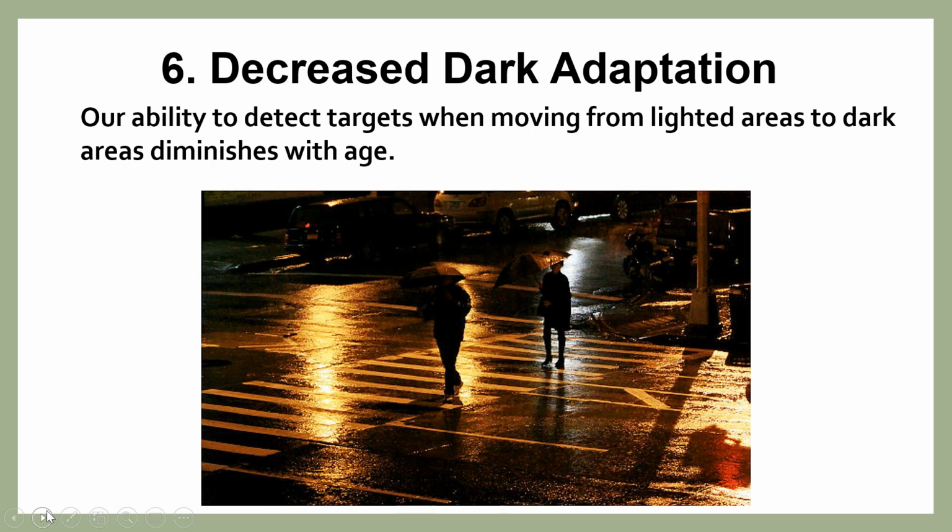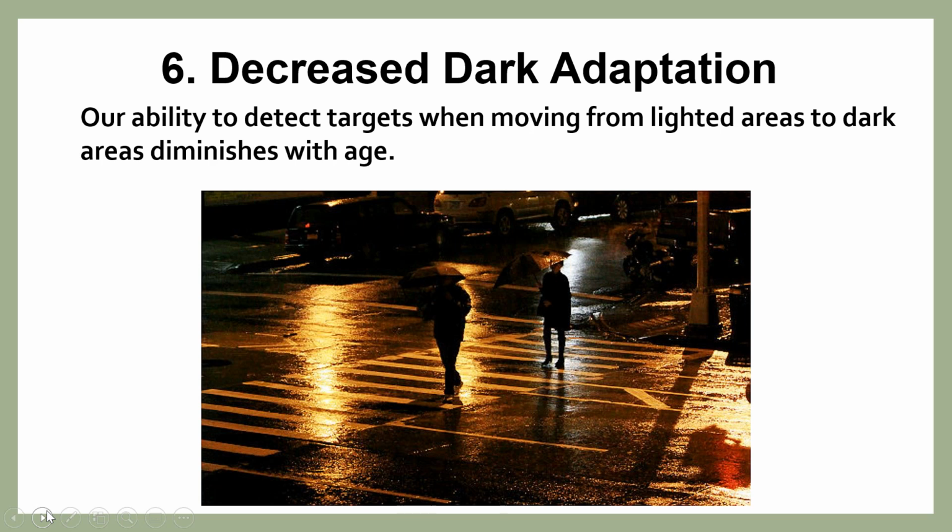So our eyes' ability to adapt to letting more or less light in because it's better lit, and then to the scenario of a darker condition and having to adapt to being able to see in the darker condition, can naturally diminish as we age.